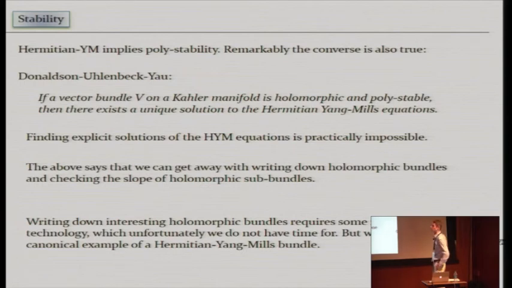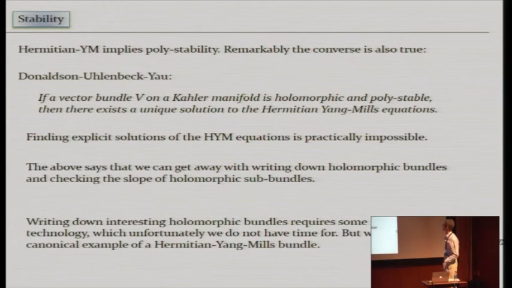Now, I'm certainly not going to have time to construct interesting holomorphic bundles for you. There are at least two nice classes of constructions of holomorphic bundles that you might have heard of. There's the monad construction, where you take a sequence of line bundles, and then take the kernel modulo the image of some maps. Another interesting way to construct bundles is you take a Calabi-Yau which is elliptically fibered, and then you take T-dualities along the elliptic fibers.